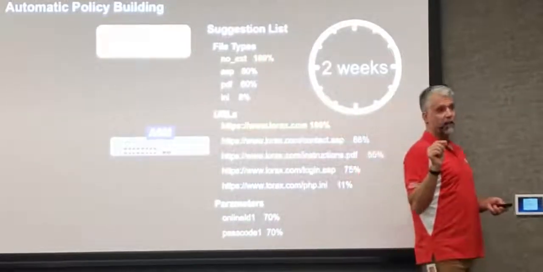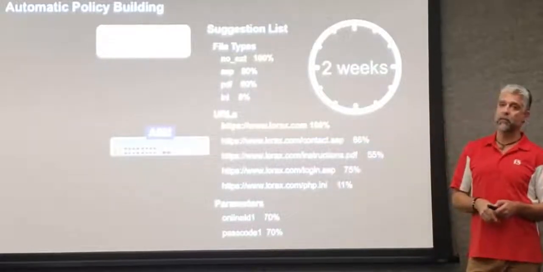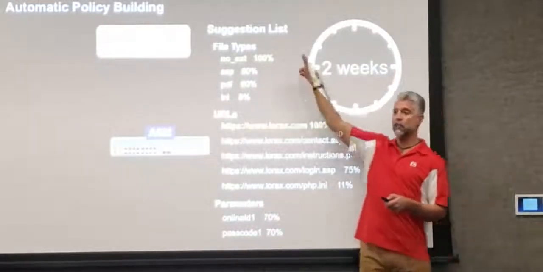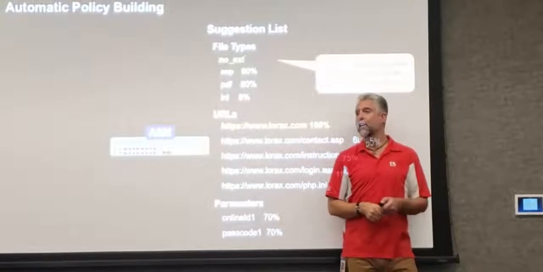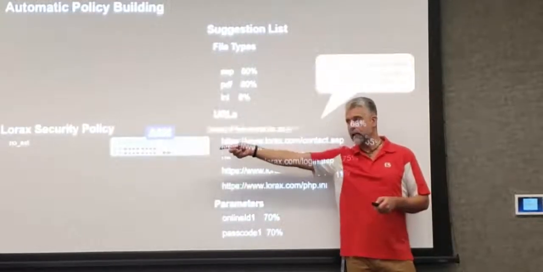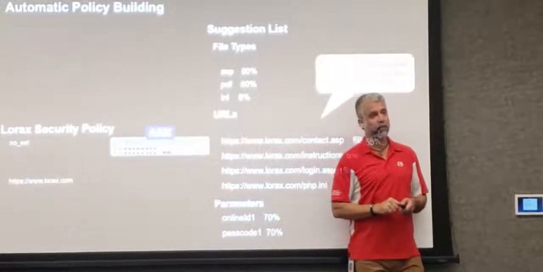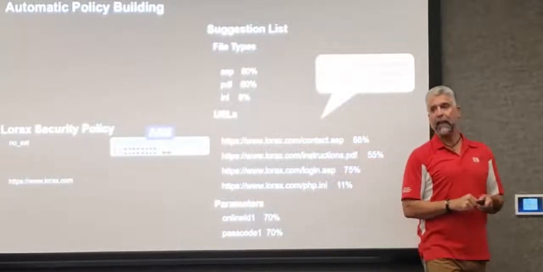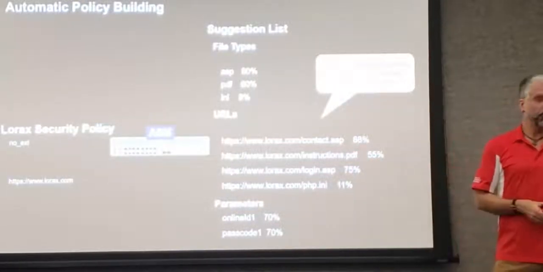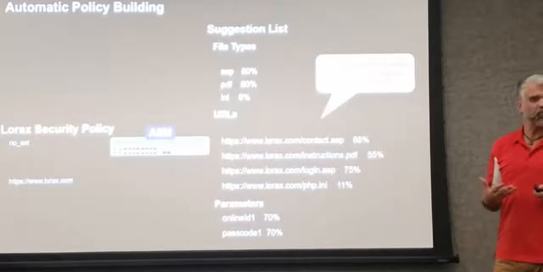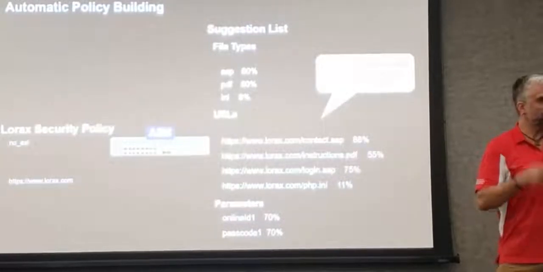Now comes the difference. In automatic policy building, anytime any learning suggestion has hit 100%, the policy builder automatically adds it to the security policy. Automatically makes it part of the positive security. Because it feels very confident. It's at 100%.